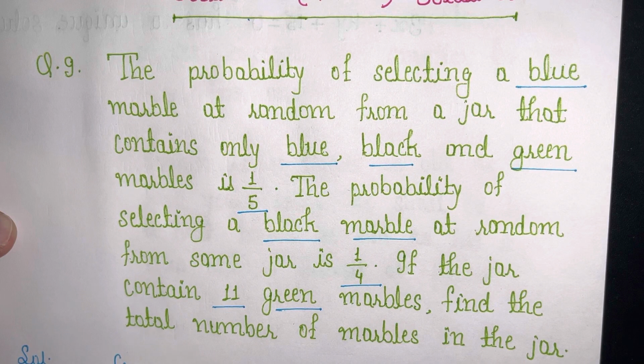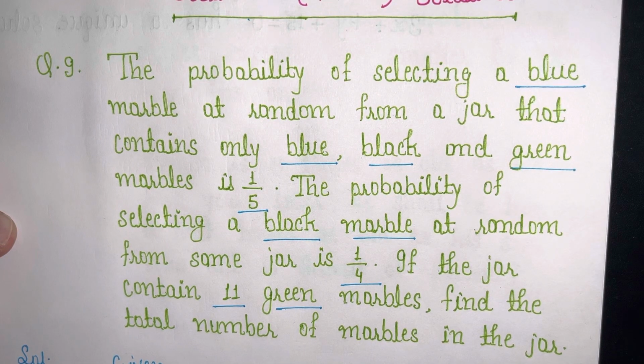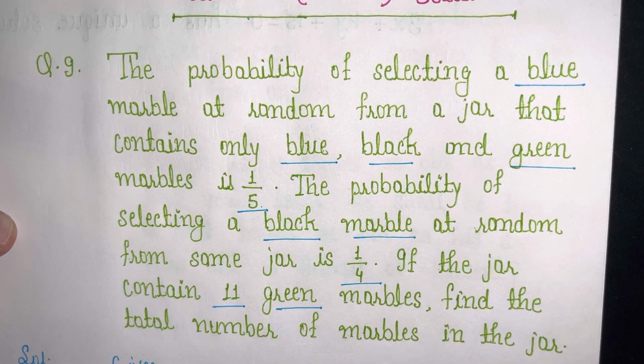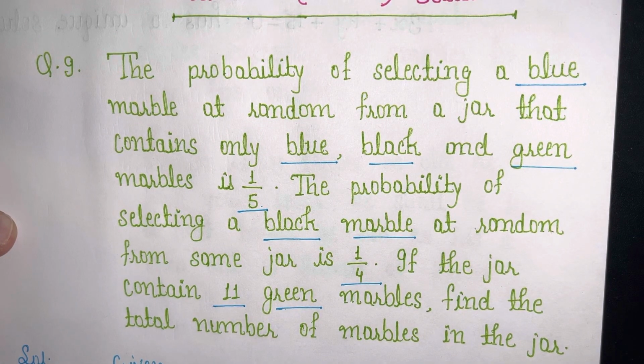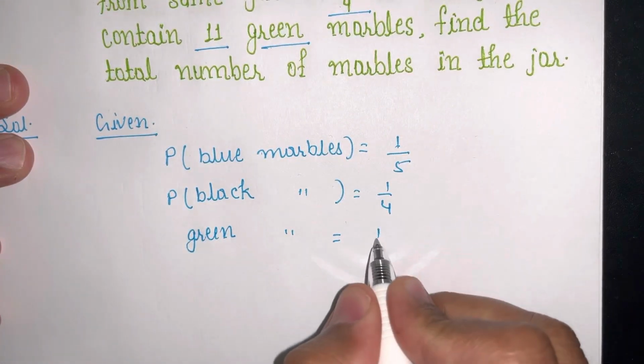So we have given here the probability of blue marbles, which is 1/5, the probability of black marbles is 1/4, and the total green marbles given are 11.